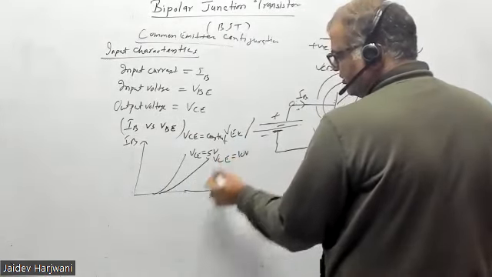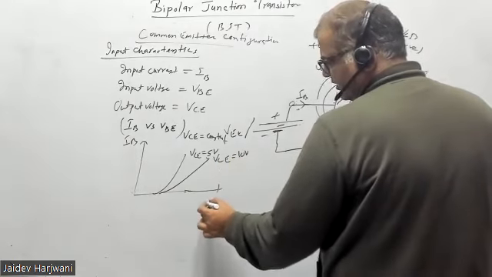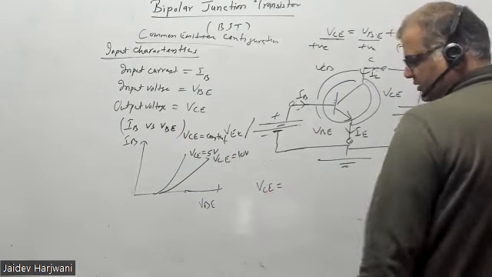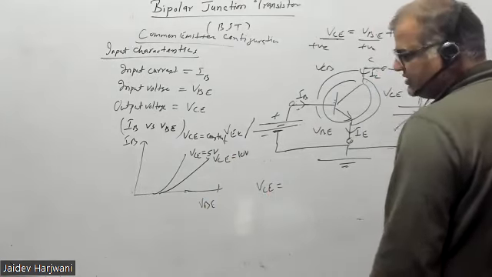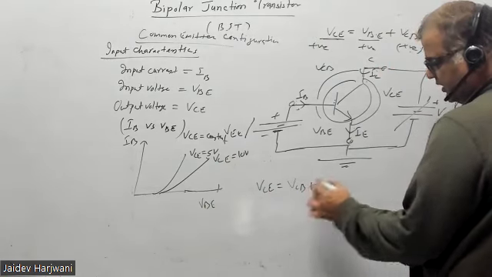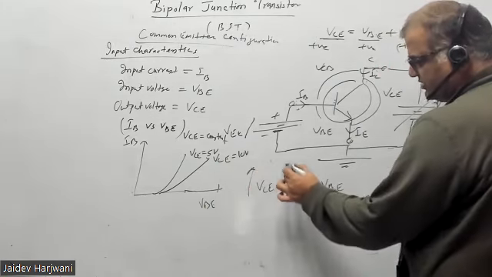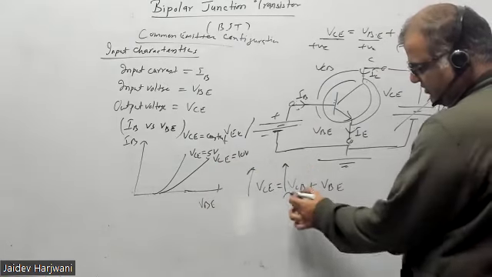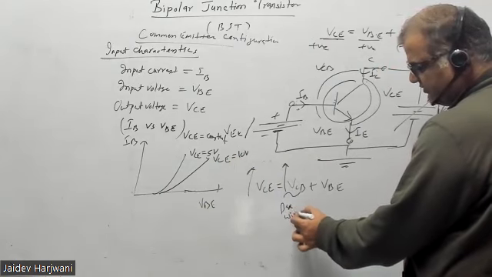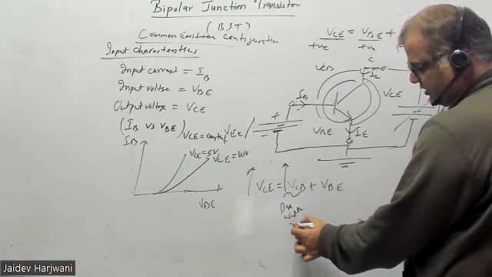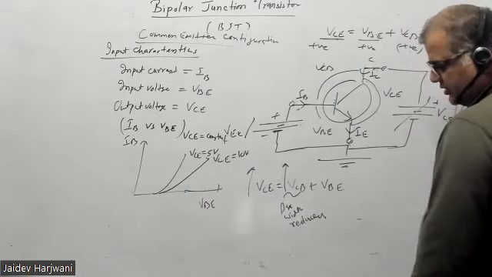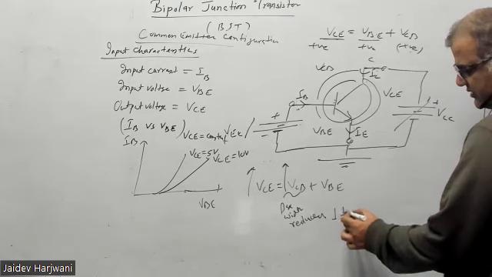For VCE 10 volt, okay? Because what will happen if you are increasing VCE? VCB also increases, and whenever VCB increases, the base width reduces, and whenever base width reduces, your IB decreases.